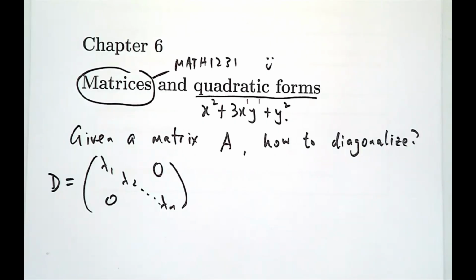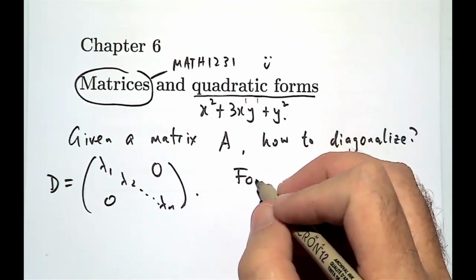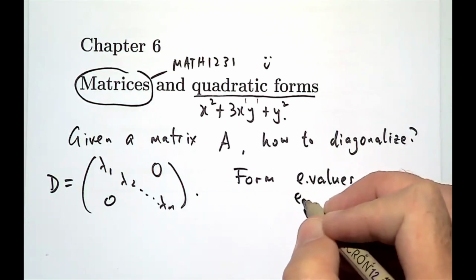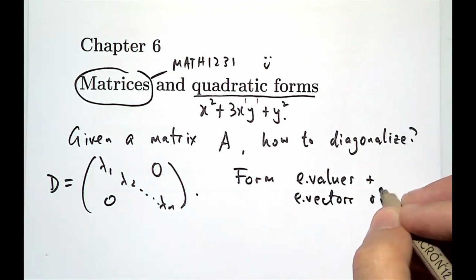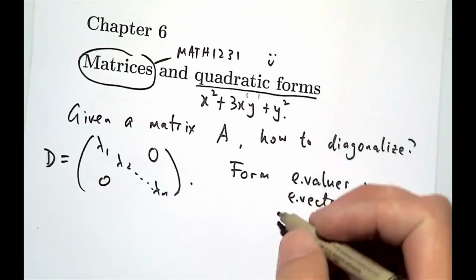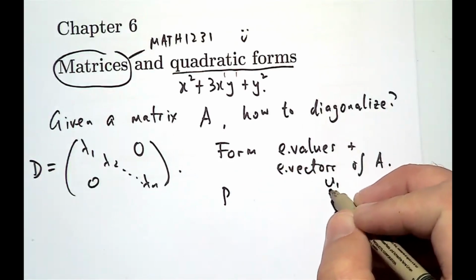So how do we do it? Well, we definitely use the inverse, but before we do that, we form the eigenvalues and the eigenvectors of this matrix A. To do that, we solve some equations, and then let's say the eigenvectors are this.